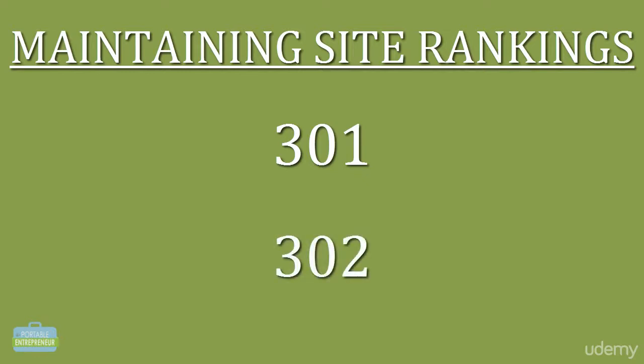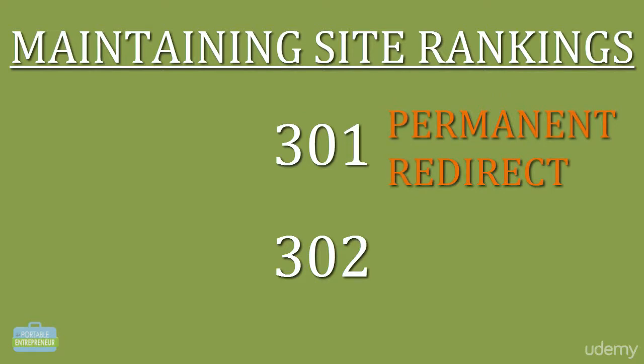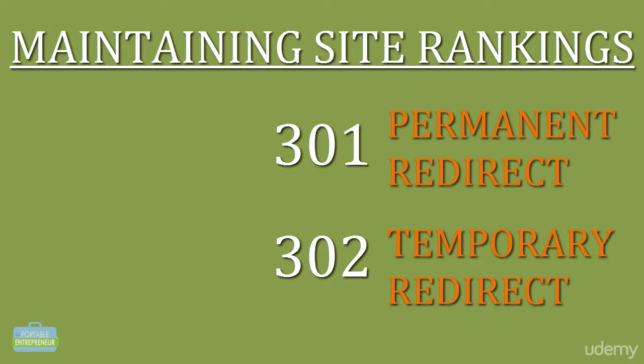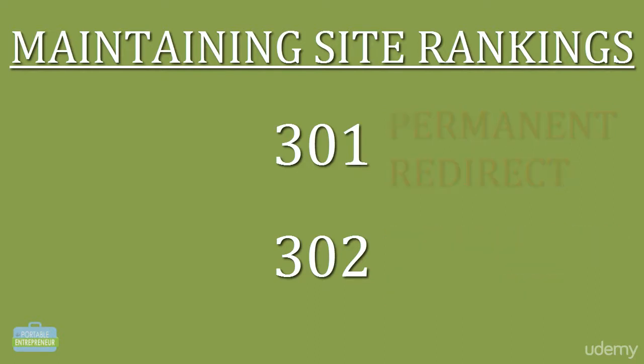You want to make sure that you are using 301 only. That means this is a permanent redirect. This is what is going to help pass that SEO juice, that link juice from your old page to your new page. If you use a 302 redirect, that means this is a temporary change and search engines are not going to pass that value from your old link to your new link.